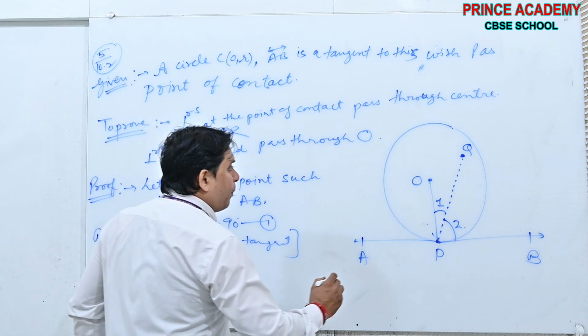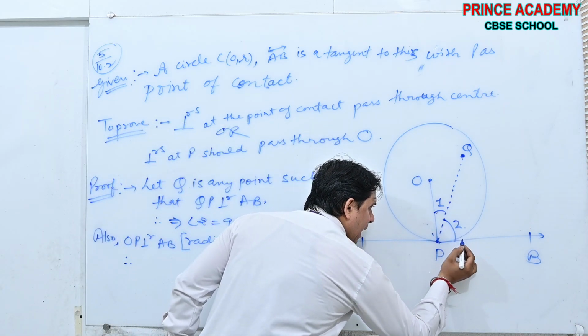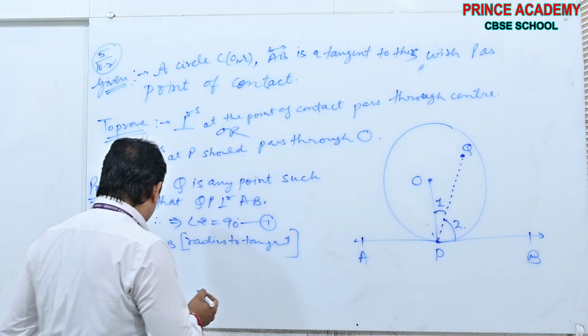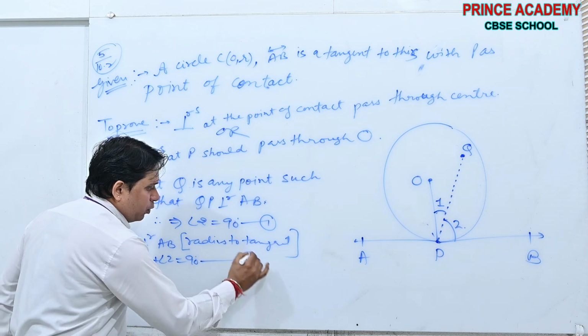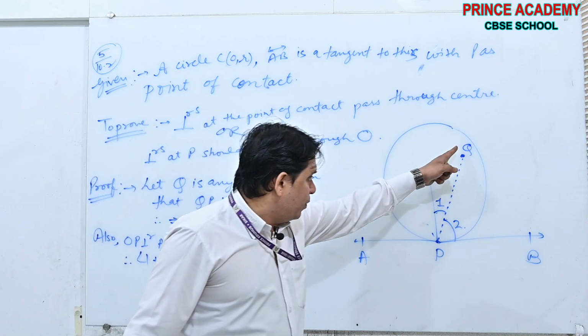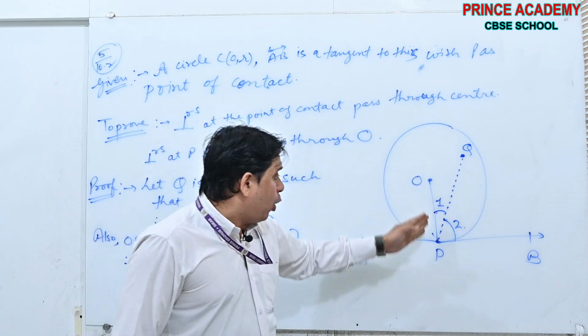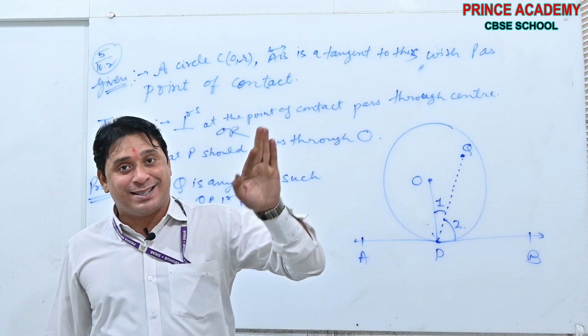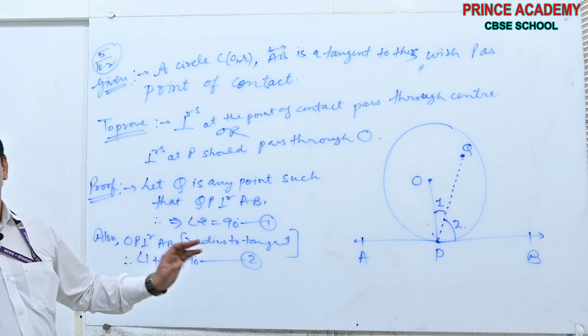Therefore, OP is perpendicular to AB means the whole angle 1 plus 2 will be 90. Here I assumed QP is perpendicular, therefore angle 2 became 90. Here OP is perpendicular to AB, this is the fact. From there angle 2 is 90, from here angle 1 plus 2 is 90.